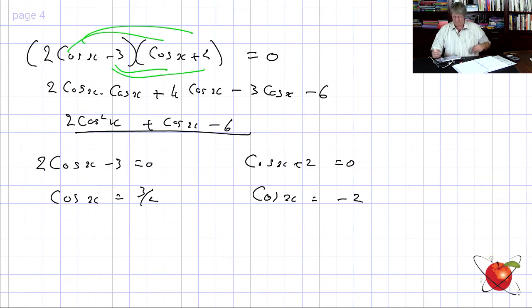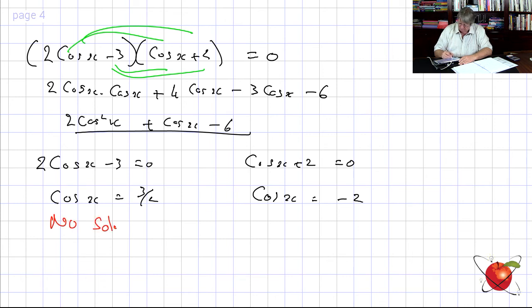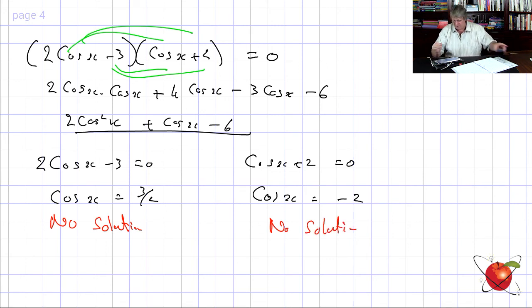Okay, now, they are now normal trig equations. However, no solution and no solution. Because if you go into your calculator and you press Shift cos 1.5, you get math error.